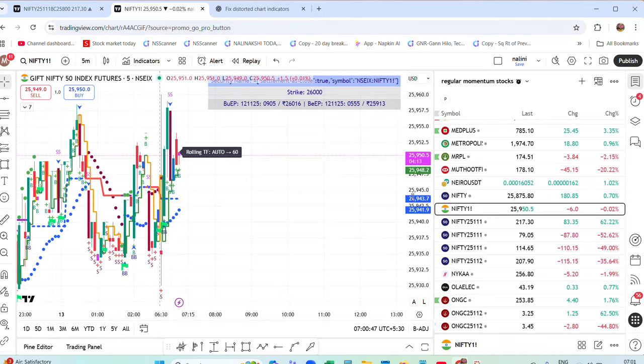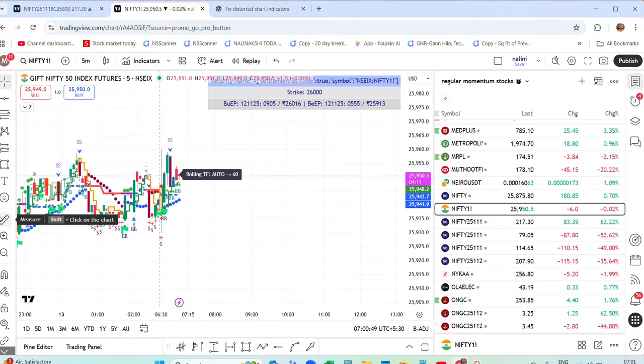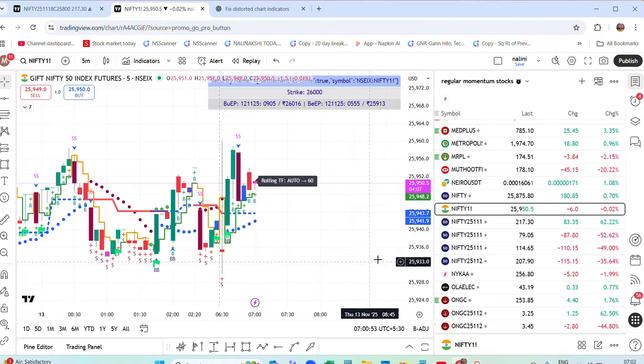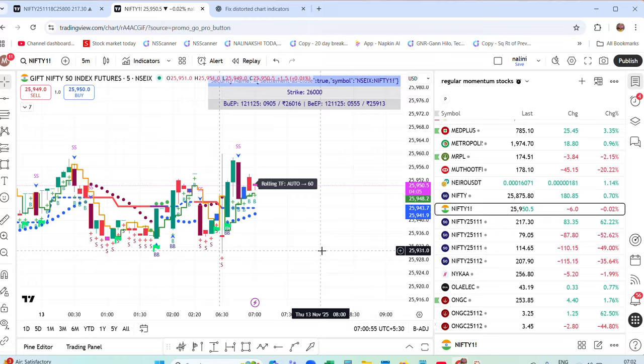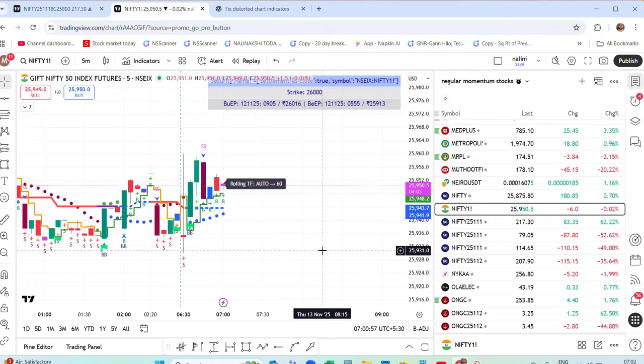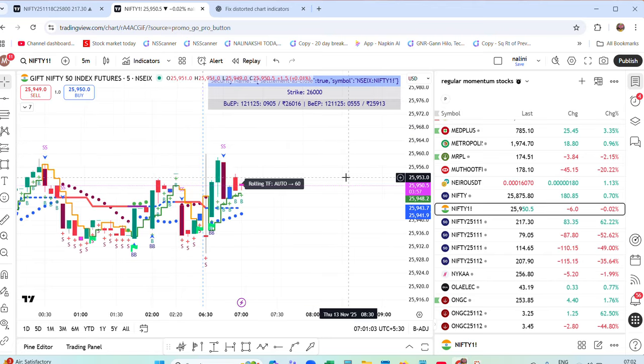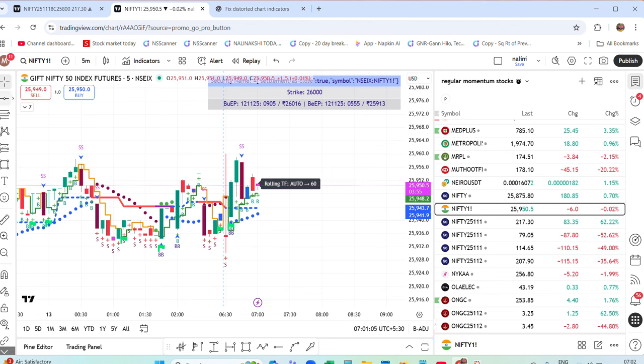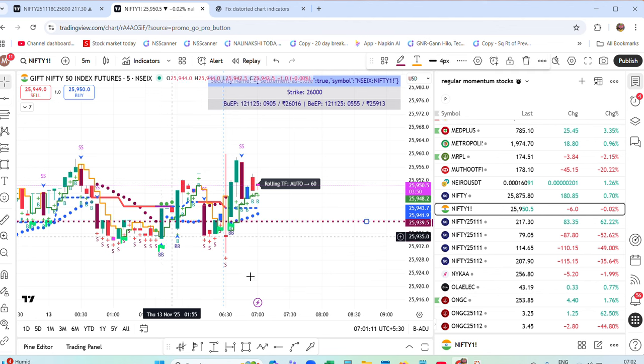GIFT Nifty today, it is bullish. The bearish EP, bullish EP was presented at 25,930. Let us mark 25,930.